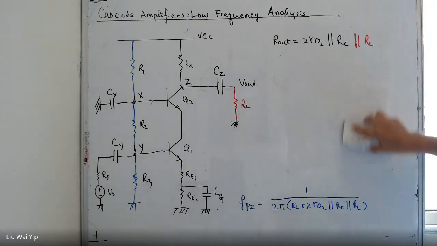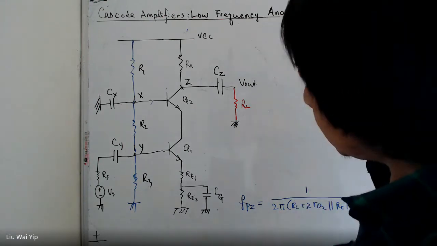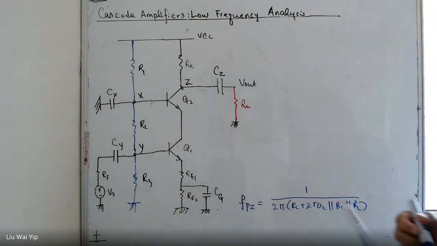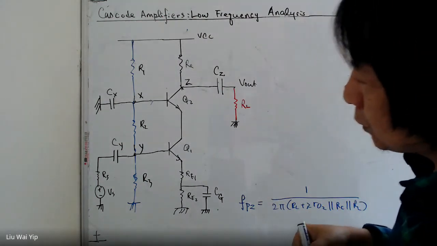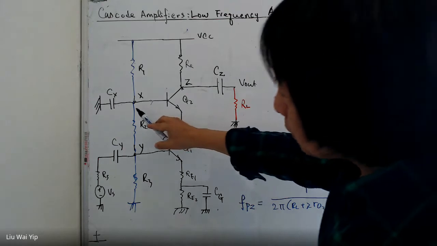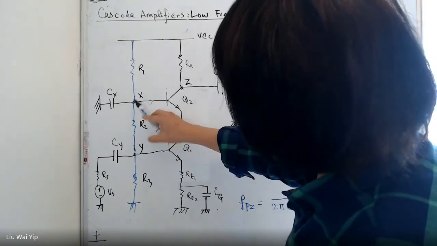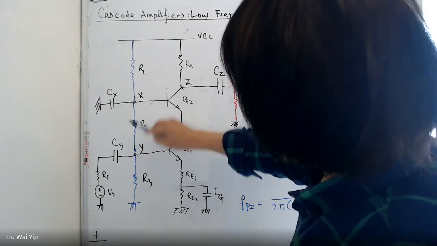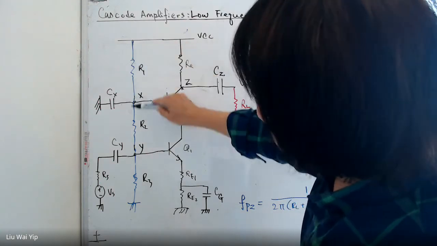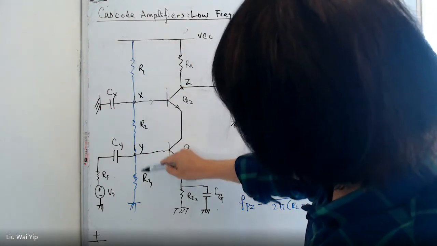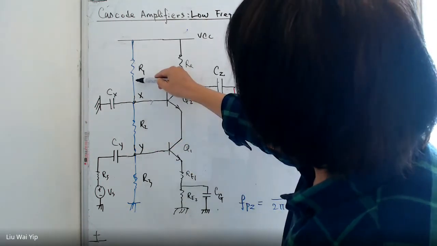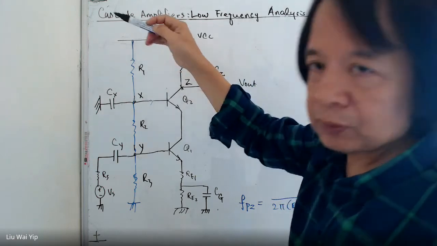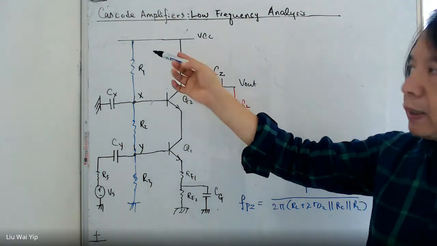Another easiest one that we can do, actually none of the ones here is easy, no straightforward pole. What we can do now is to use Miller effect to resolve this. We have a series capacitance with R1, R2, R3 here. R3 is connected to the ground, and R1 is connected to the voltage supply, which is the AC ground.